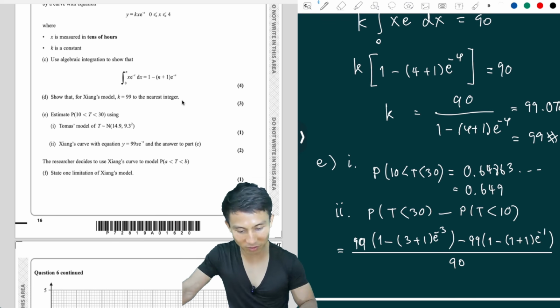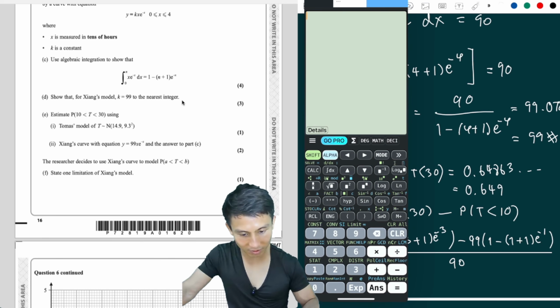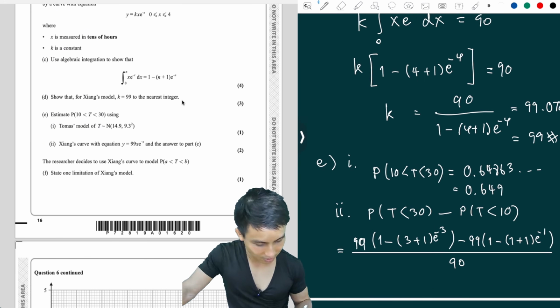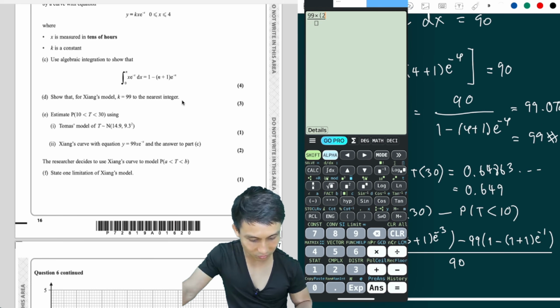That will give you the answer. So we're just going to plug everything into a calculator, doing a fraction with 99 outside everything. If we factorize 99 out, we can see that the 1 here will cancel with the 1 here, and we only have this term being a plus, if you try to do the math there. So it's 2 e to the minus 1.